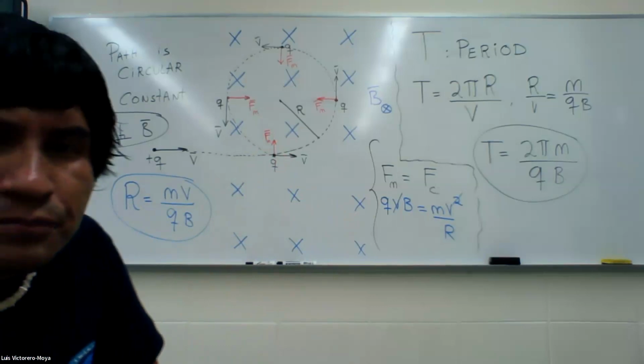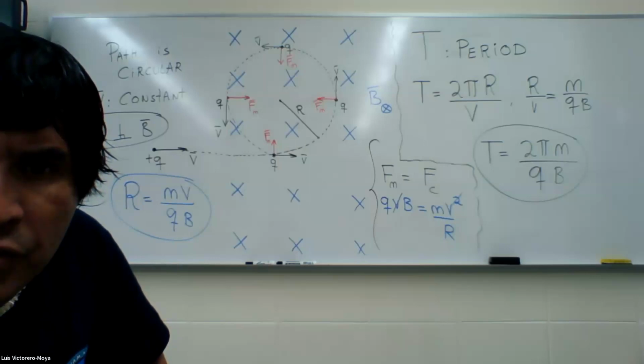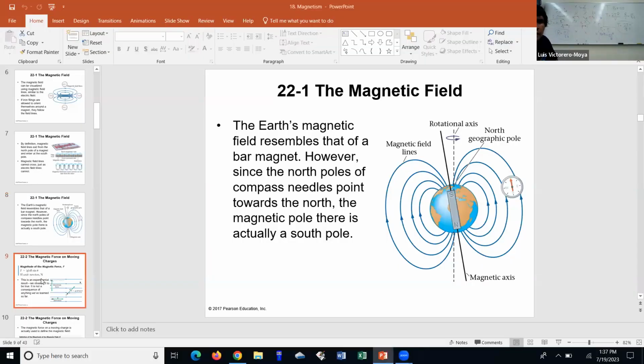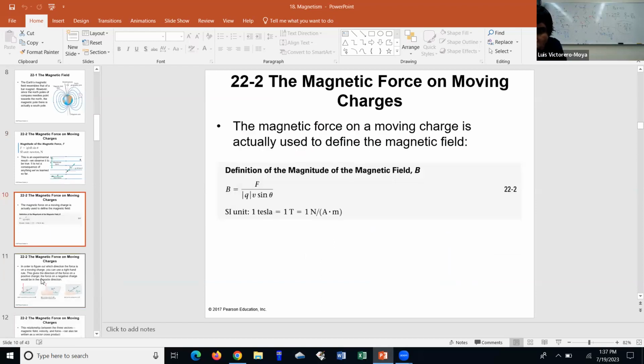All right. I'm pretty sure you already took your notes, so let's go here. So in the slides, you can find this, which I already explained: the magnitude of the magnetic force, the definition of field, the units for field, Teslas, that's what we're going to be using the most.